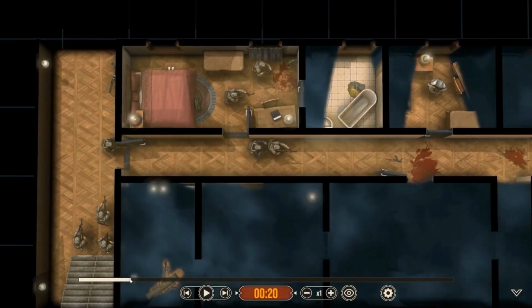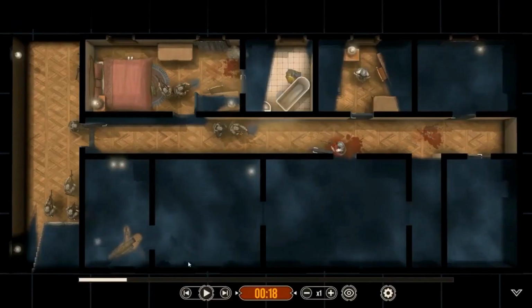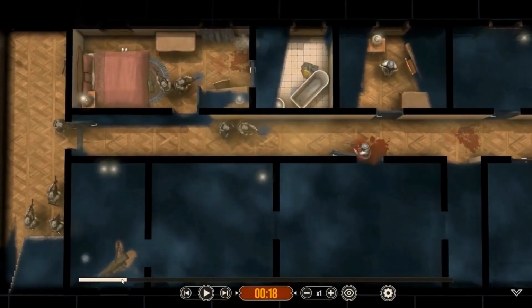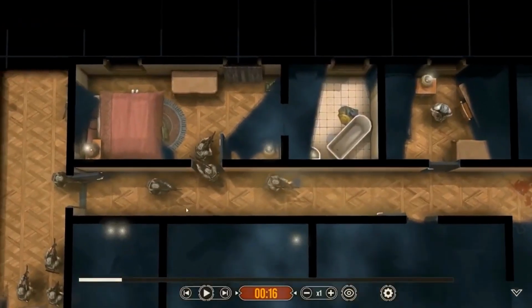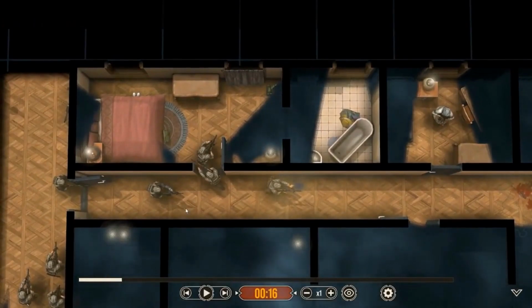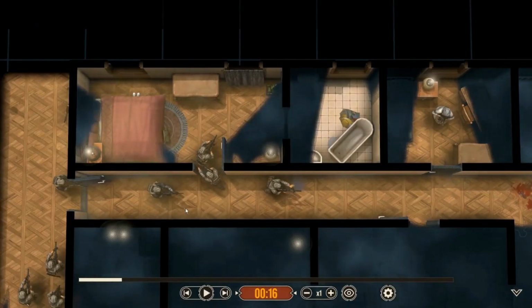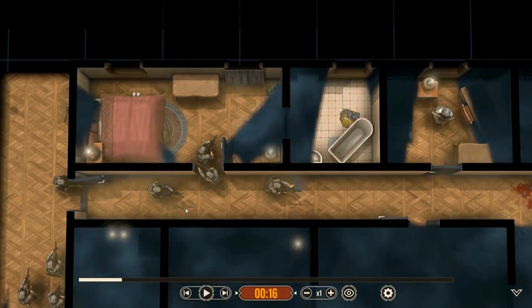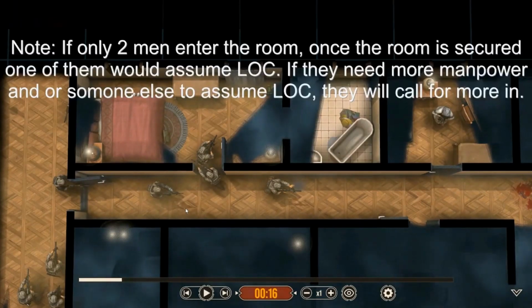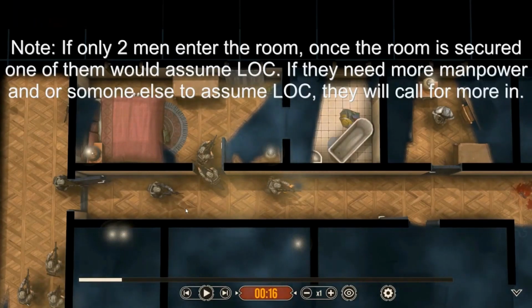Okay, let me go back here slightly. Okay, so let's talk about quickly who becomes an LOC. Typically, if we've dedicated 3 guys to work a door and enter the room, it is going to become the 3rd guy, because after the number 1 man and number 2 man make entry, that room is probably clear.